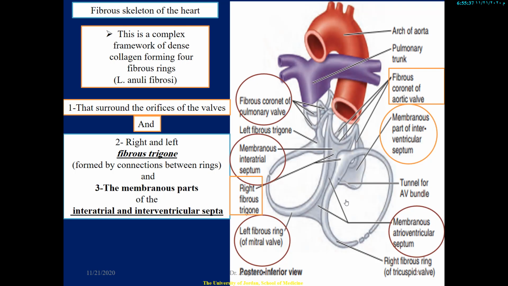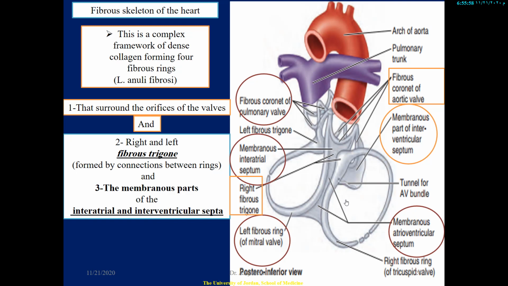You just need to understand that the heart is not only endocardium, myocardium, and epicardium. Right in its structure there is an element of fibrous tissue. This fibrous tissue is very important for many reasons.